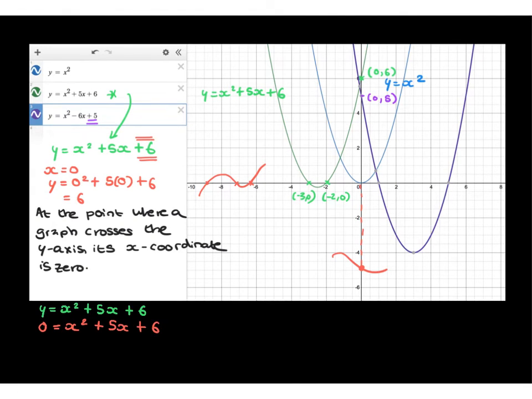Now, one thing you have learnt is that this, on the right-hand side, is what you would describe as a quadratic. And you know how to factorize a quadratic. So let's do that. If we factorize our quadratic, we will have two brackets, x and x at the start, and our two numbers need to multiply together to make 6 and add together to make 5.